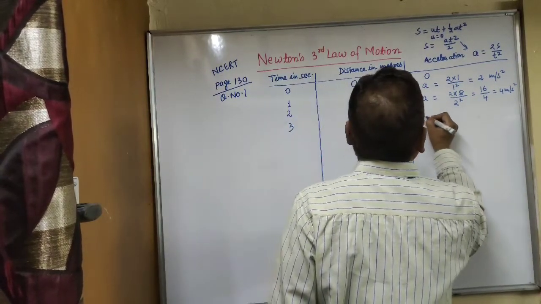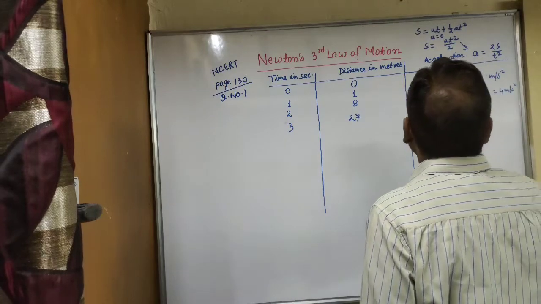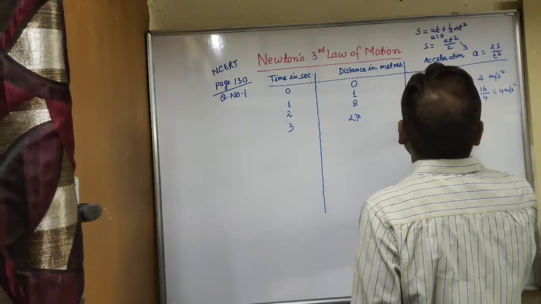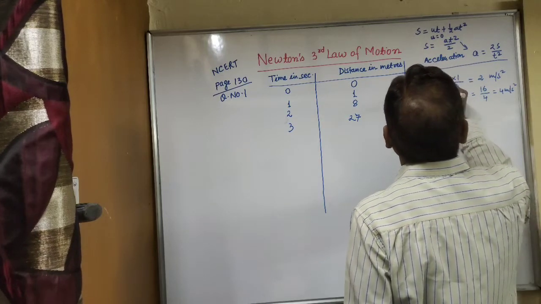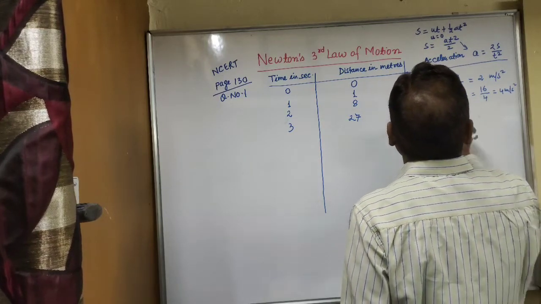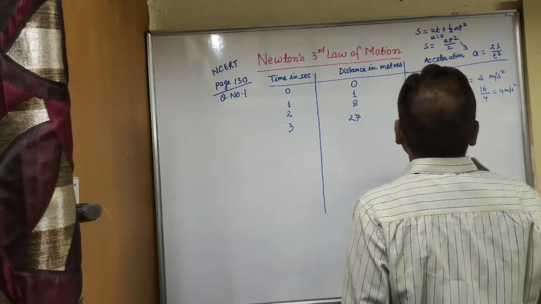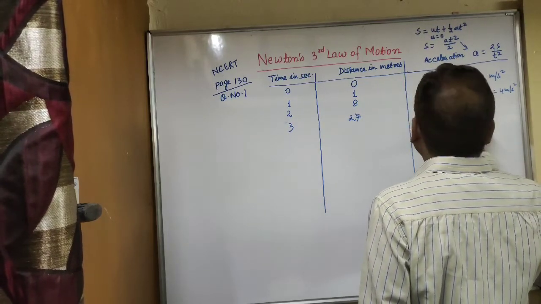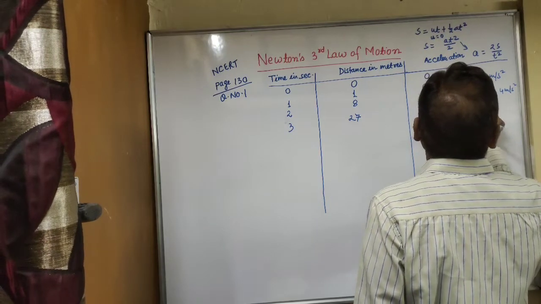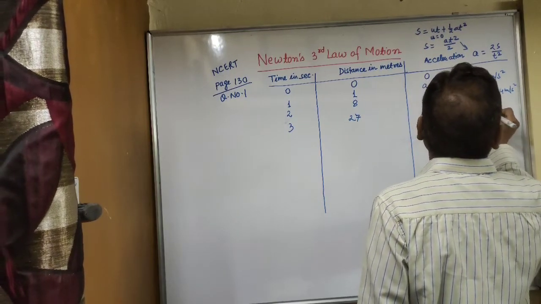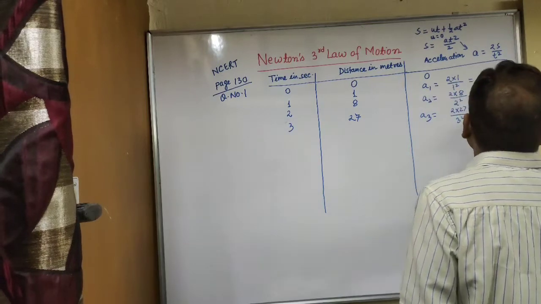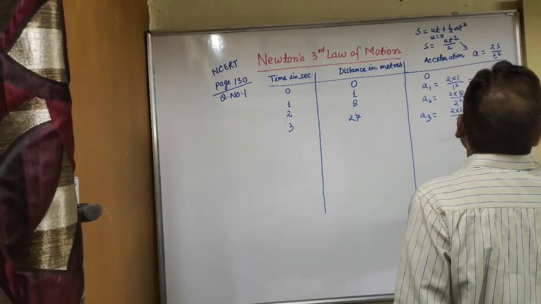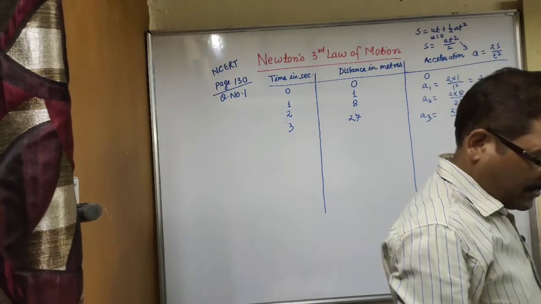You can mark these accelerations as a1, a2, a3 like this. The acceleration this time will be 2 into 27 by 3 square, so 54 by 9, so it will be 6 meter per second square.